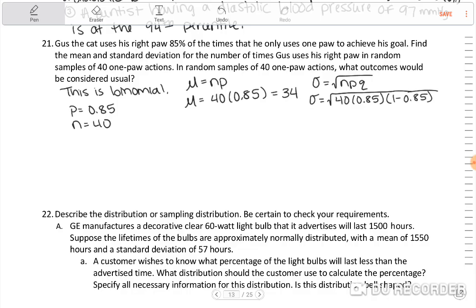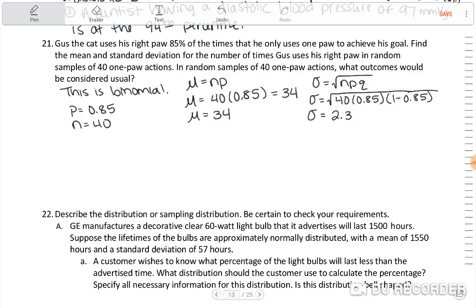If I multiply all of that, take the square root, my standard deviation is 2.3. Now we've got the mean and the standard deviation. So let me put here mu equals 34. And we want to know, in random samples of 40 one-paw actions, what outcomes would be considered usual?